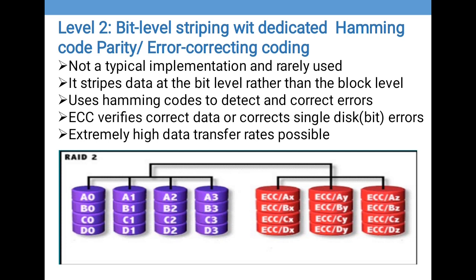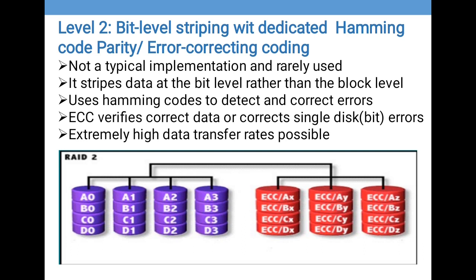The next level is level 2, that is, bit level striping with dedicated Hamming code parity, or error correction code. Here the data is striped over all the disks, and here the error code for each disk is given, which is used to verify whether the data is correct or not by using a single bit, which is called the error code bit.